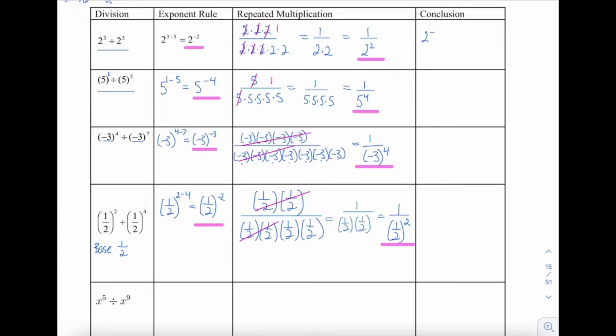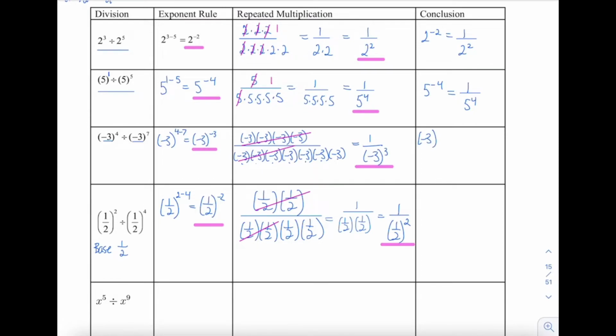So 2 to the negative 2 is the same as 1 over 2 to the power of 2. 5 to the exponent negative 4 is 1 over 5 to the exponent positive 4. So we can kind of see that what the negative exponent does is it boots the base from the numerator into the denominator. Oh, I did something wrong here. Oops, this should be a 3.